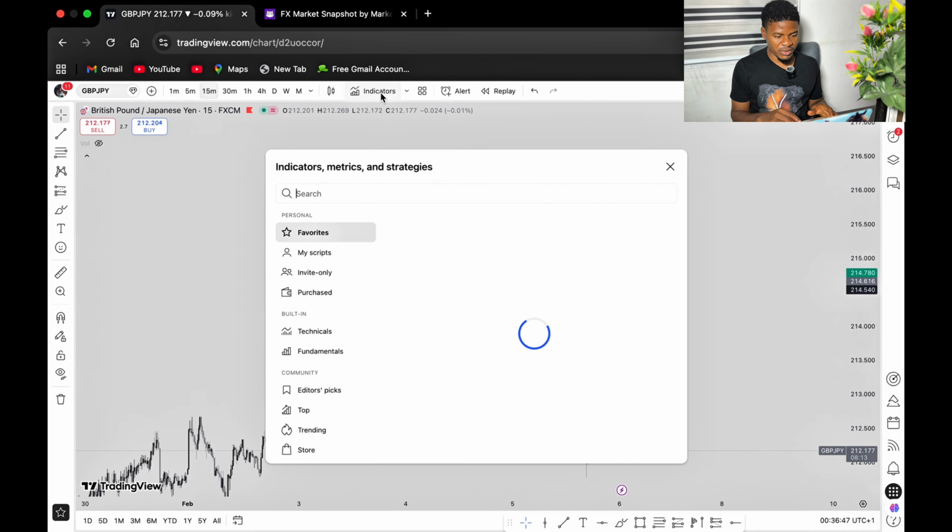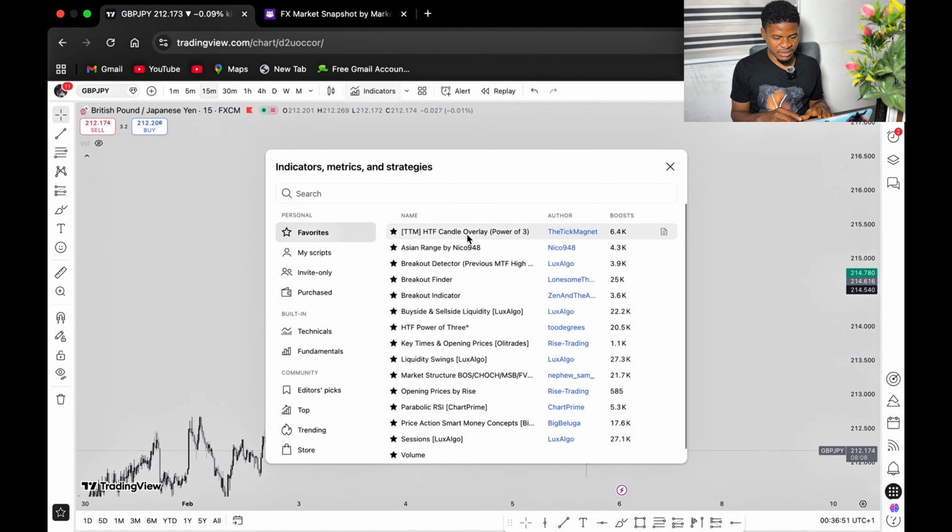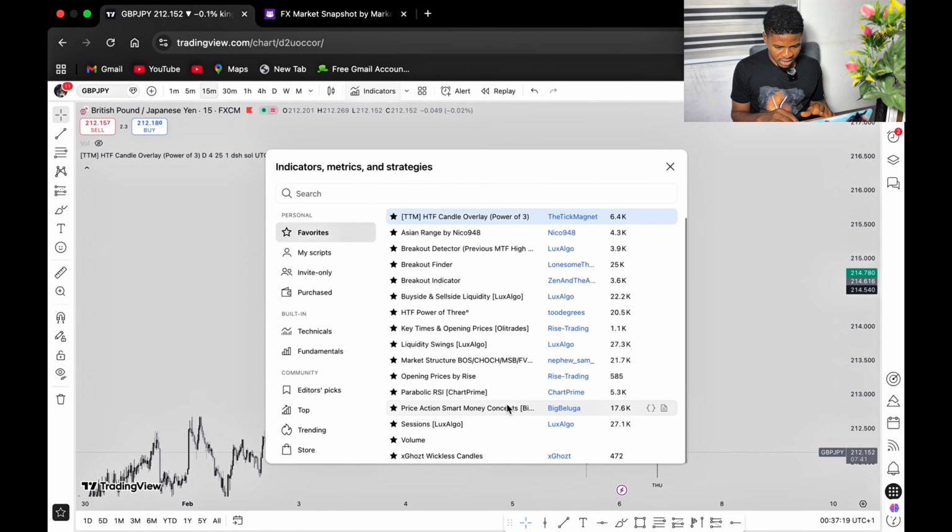So the first thing we need to do is click on indicators, then search for TTM Power of 3 by TickMagnet. The second one is Price Action Smart Money Concepts by BigBeluga.